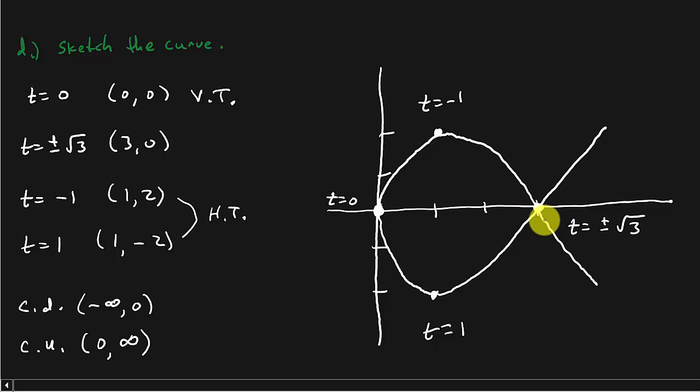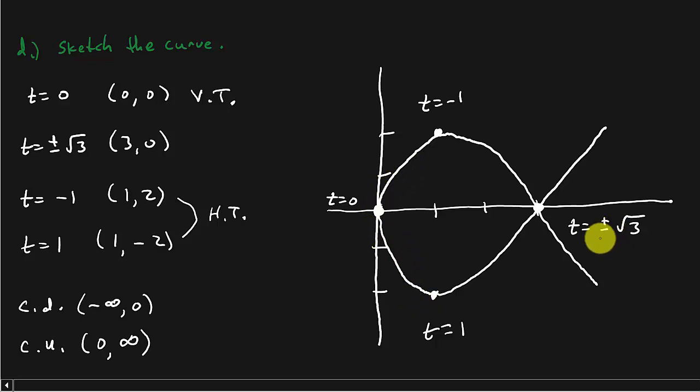Okay, now we've got to figure out the direction of this thing. So if you look at this, see how t is -1, I get this point, t is 0, I get this point, and then when I go to t equals 1, it goes to this point. You see how it's following along this path right here.